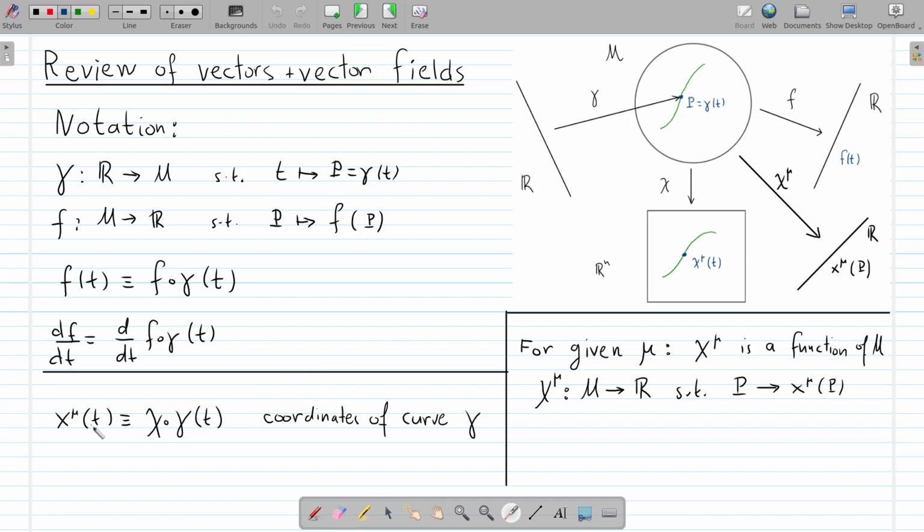And this curve in R^n can be obtained by composing the function gamma with the function chi that defines the chart.